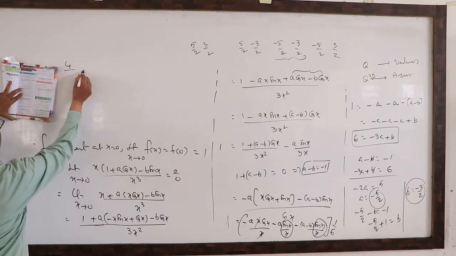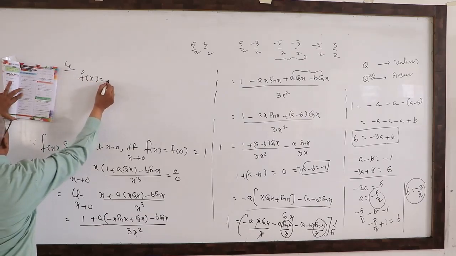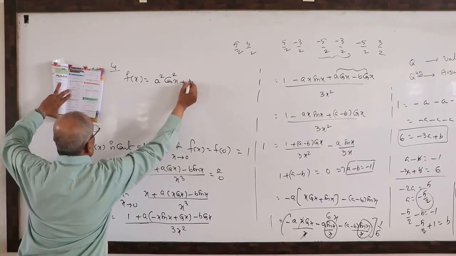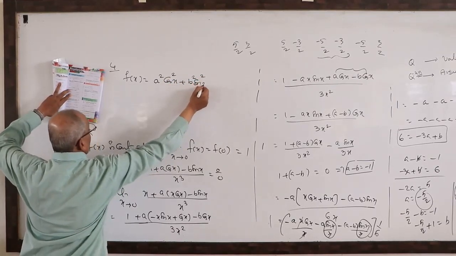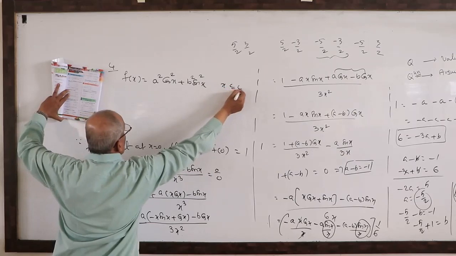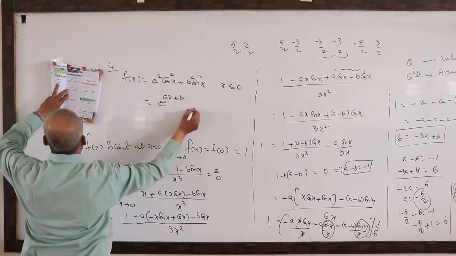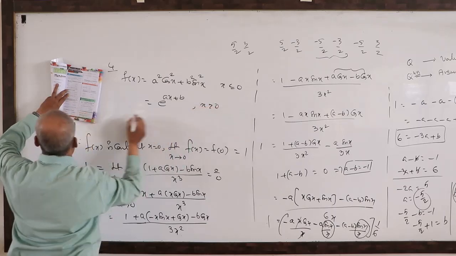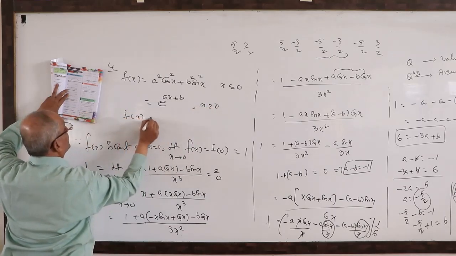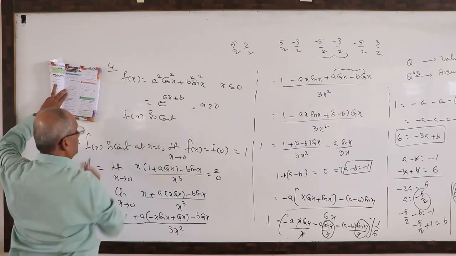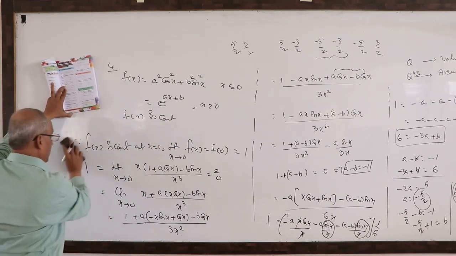Fourth one. f of x is a square cos square x plus b square sin square x for x is negative, e power ax plus b for x is positive. f is continuous. Then ABCD, what is that given?